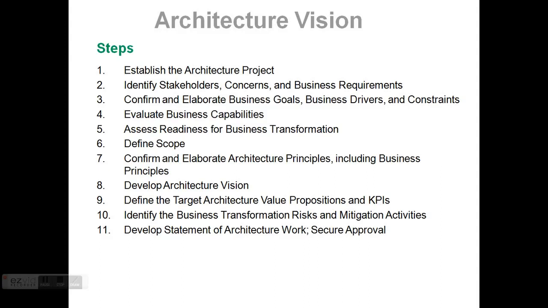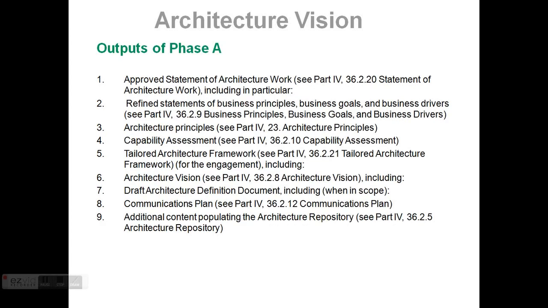And finally, the final thing that we need to discuss is the outputs of this phase A. We need to approve the statement of architectural work. So an approved statement of architectural work is a document needed for this phase. We need to refine statements of business principles.